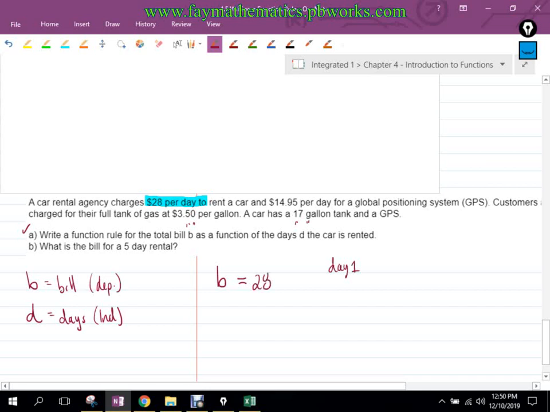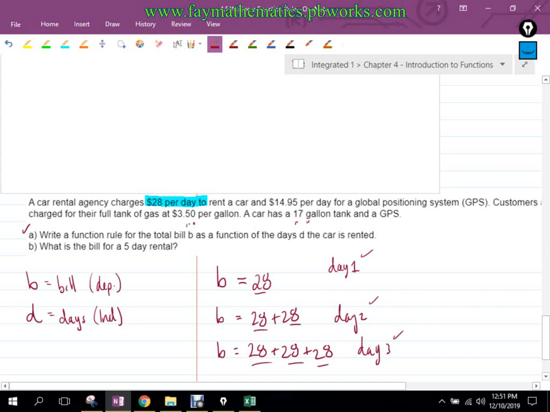Day 2, it's 28 plus 28, correct? This is something we've been working on recognizing in other sections. Day 3, now I have 28 plus 28 plus 28, right? Does the number of 28s that I add together have a relationship to the number of days I'm renting the car for? Yeah.